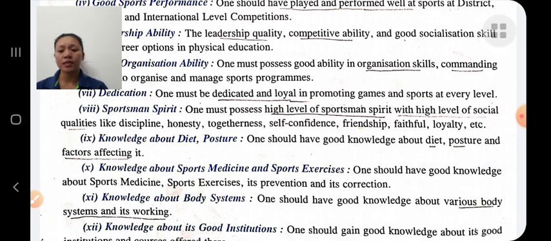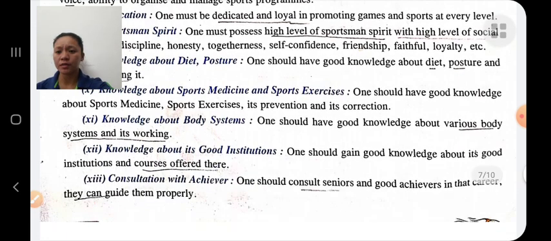Knowledge about body systems: one should have good knowledge about the various body systems, their working and function, etc. You should have knowledge about your body, that means anatomy, physiology, etc., and the effect on your body if you do exercise.